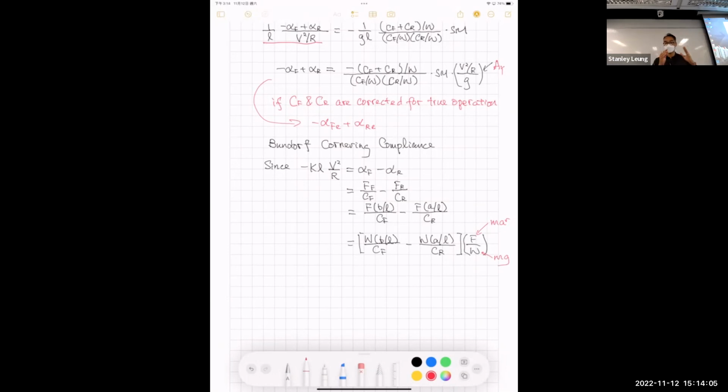We always have the applied radial acceleration versus the G. That's why we are always talking about how many G apply to our car. Actually, it's how much lateral force we apply to our vehicle per vehicle weight. It turns out it is how many G.